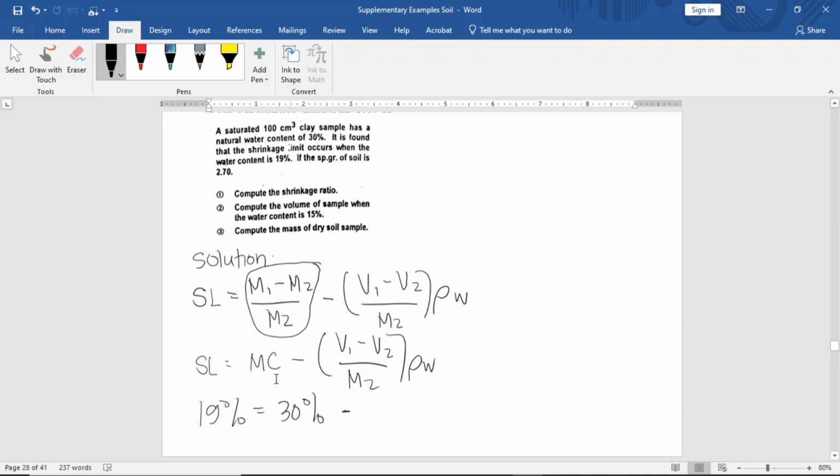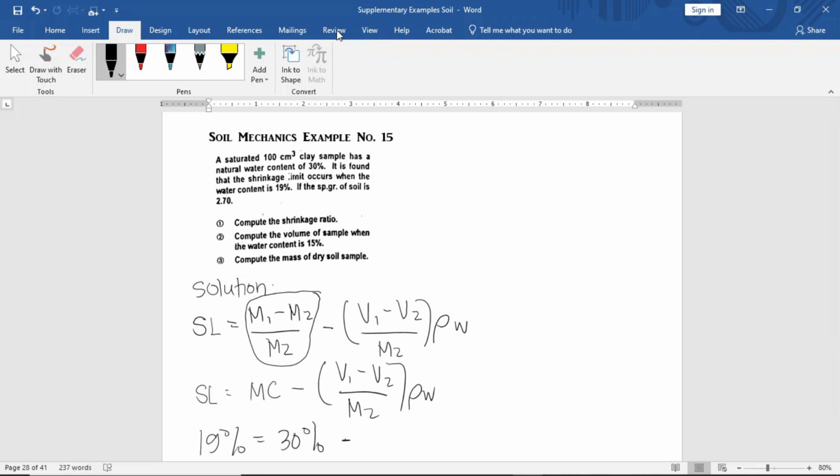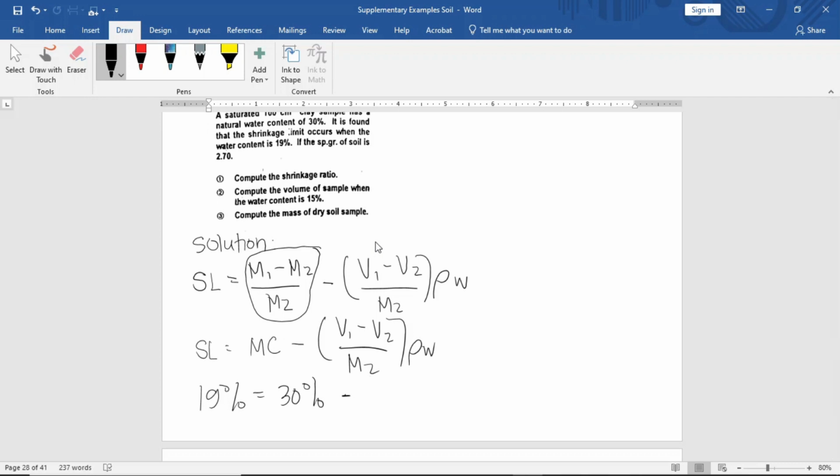So, minus lang natin. Ang initial volume natin is 100 cc. So, 100 minus yung final volume natin V2, all over M2, times unit weight of water.